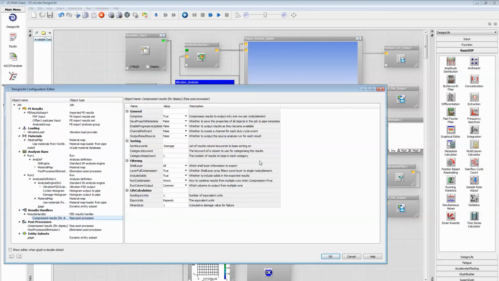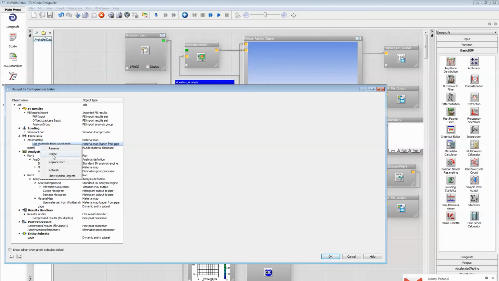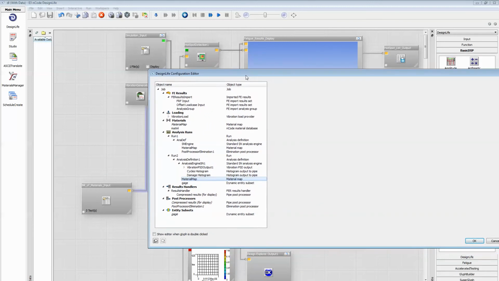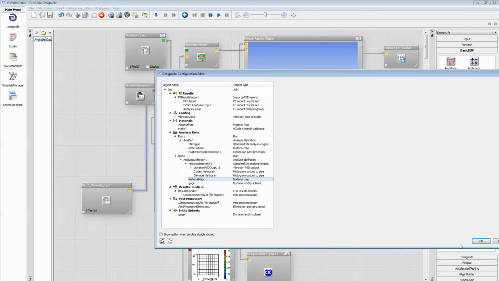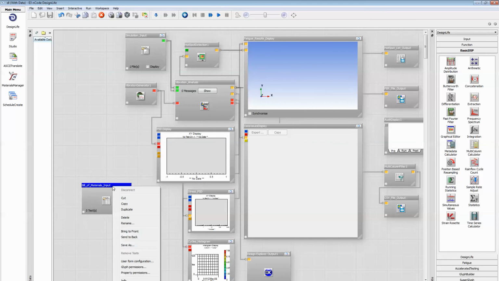Say no at this time. By default, this is the one which is expecting the material data from Workbench. Just say delete. Don't use this. The moment you say delete, you would see this link disappearing here. Say okay, so this link is gone and you can delete this glyph also. We will later define the material data within nCode.